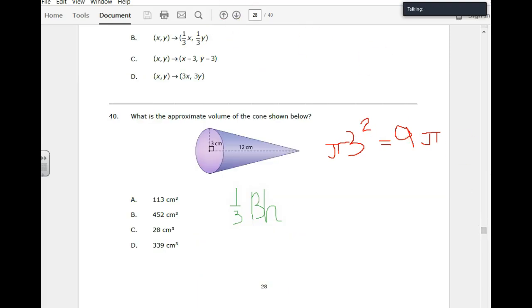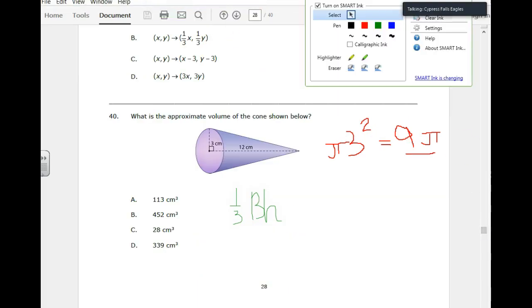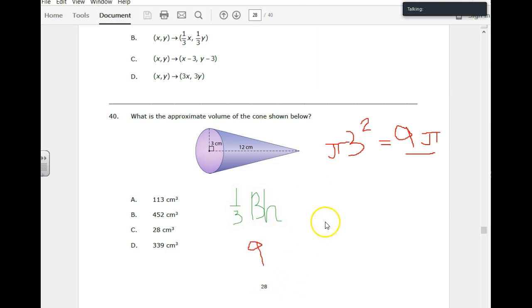Okay. So, good. You're already annotating it. So it's 1/3 times pi r squared, because that's the area of the base. The base is a circle. So the area of the base is 9 pi, and then you multiply it times the height. Now, look at the answer choices. Do you see pi in the answer choices? Do you see the pi symbol?